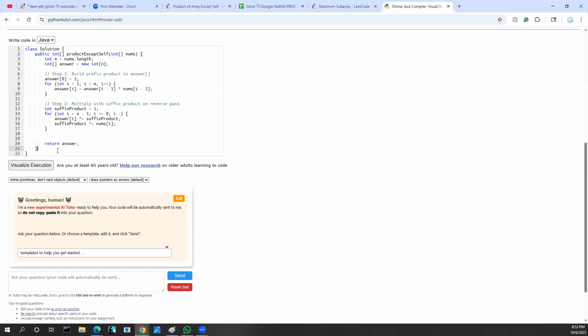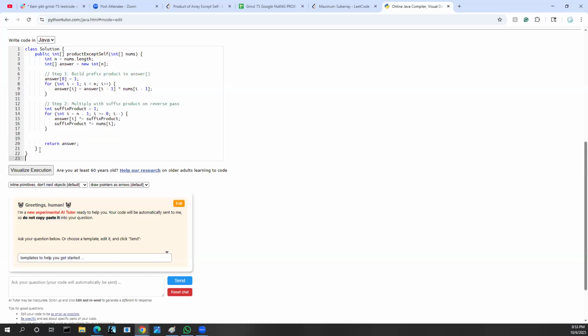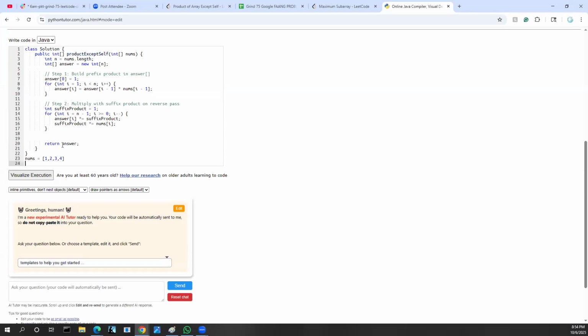Please call the function which is product except self and pass that array into the function as a parameter. Okay, so I click below nums, below the array, yes.